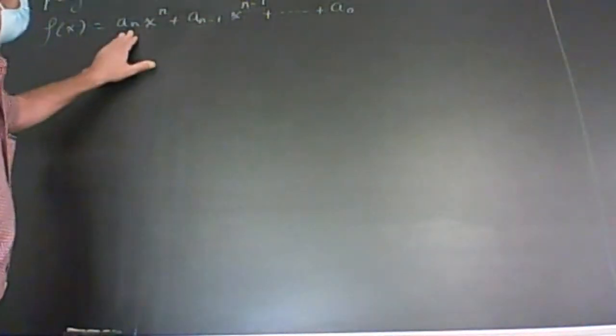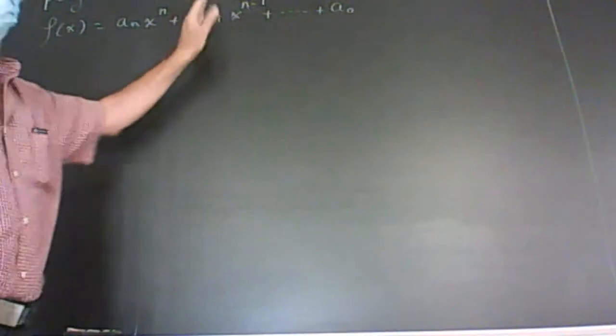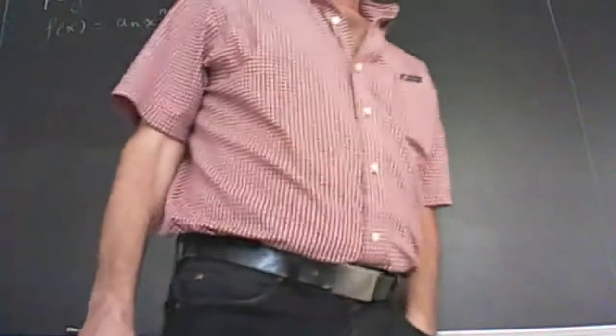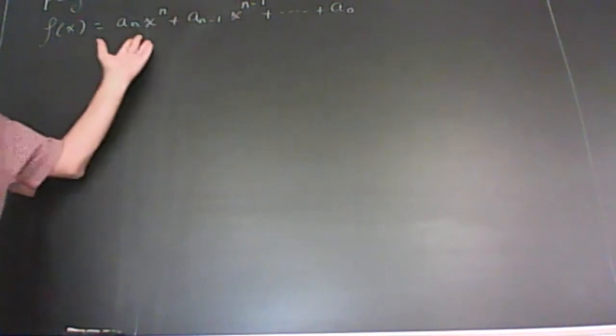Okay, what does that represent? a_(n-1) and a_(n-2) and so on and so on. All of these represent the coefficients of the terms that they are in. Okay?